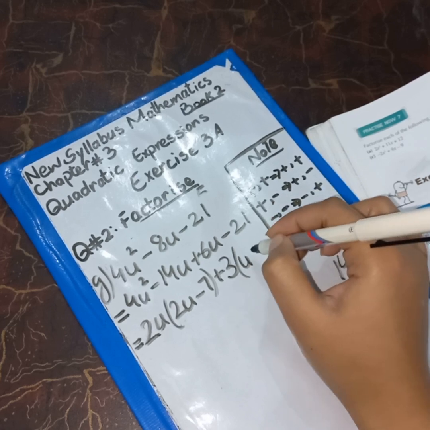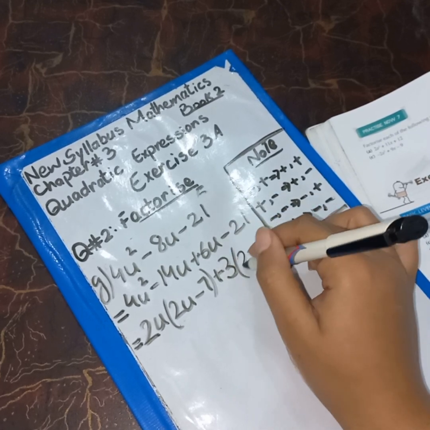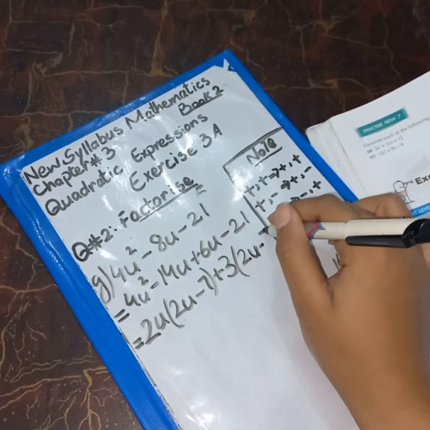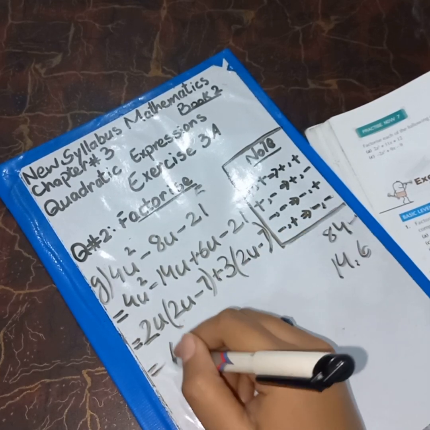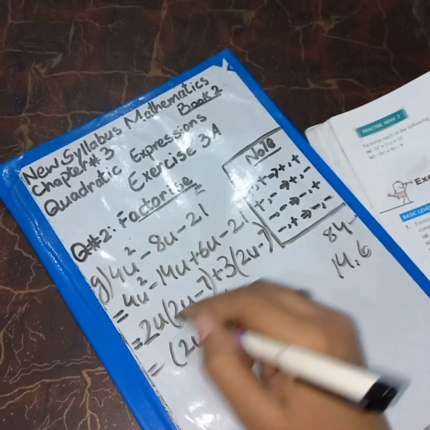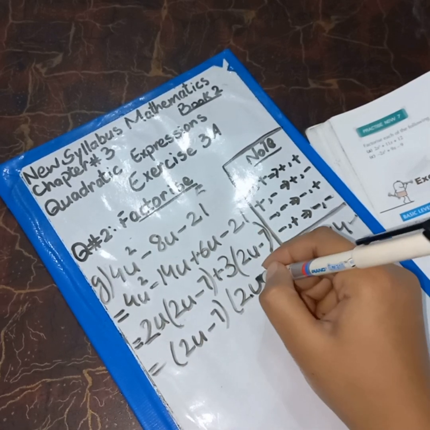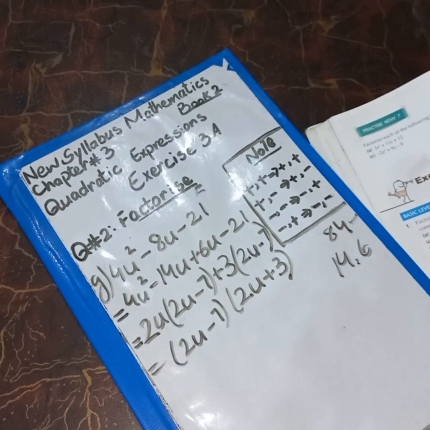So u, 3 2s are 6u and minus 3 sevens are 21. You can see both become the same again. So once they are the same, write them once and the other uncommon factors. I hope you are getting my point.